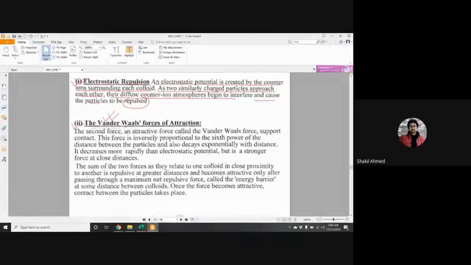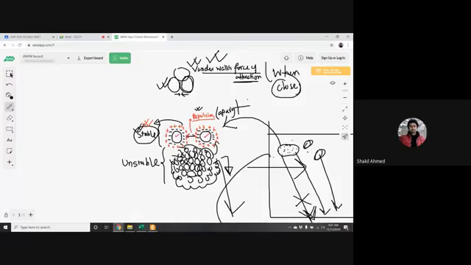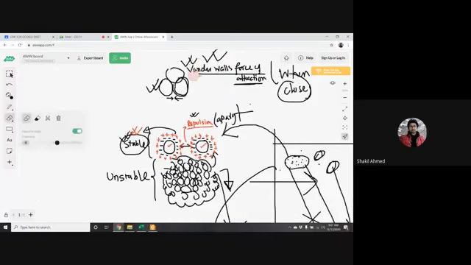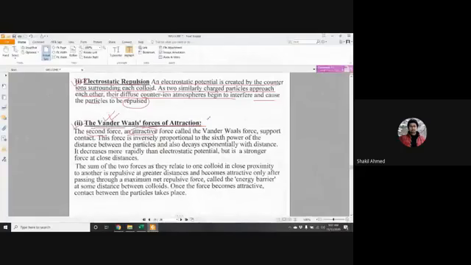So, van der Waals forces of attraction. The second force is an attractive force called the van der Waals force. I made a spelling mistake here. Van der Waals force of attraction. This force is inversely proportional to the sixth power of the distance.